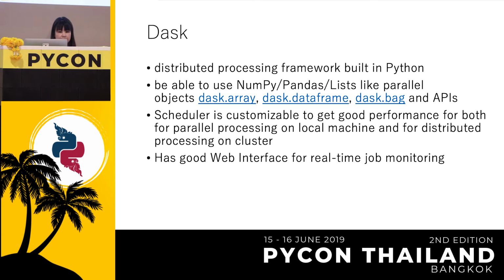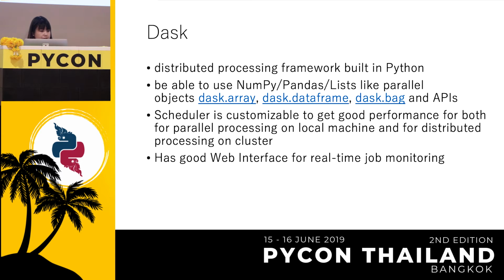Next is Dask. Dask is a distributed processing framework built in Python. It is pure Python too. Dask is able to use NumPy, pandas, and lists like parallel objects. The Dask scheduler is customizable to get good performance both for parallel processing on local machines and for distributed processing on a cluster.